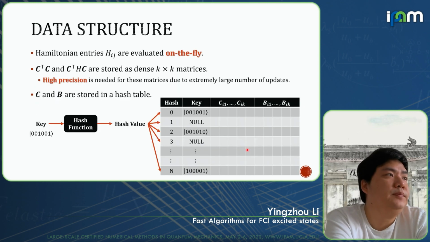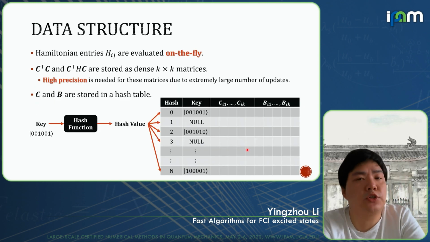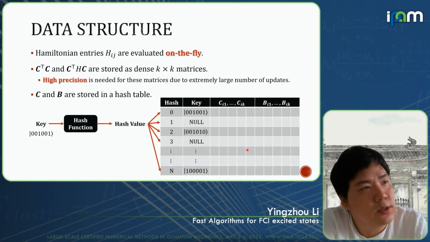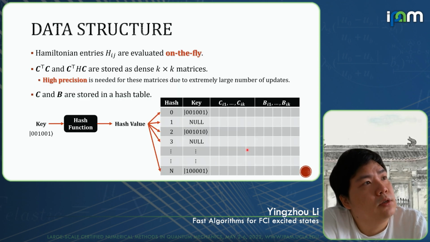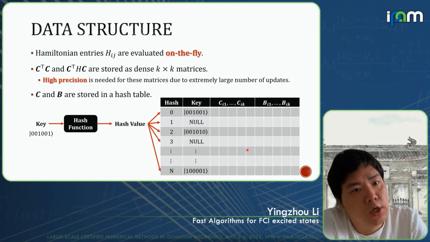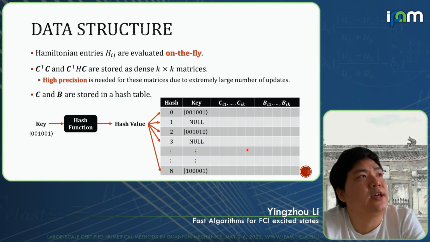And how about the data structure? Because such a problem, the FCI problem, is gigantic, in the implementation it's very important to be careful, especially with the data structure. So here, the Hamiltonian entries are actually evaluated on the fly.